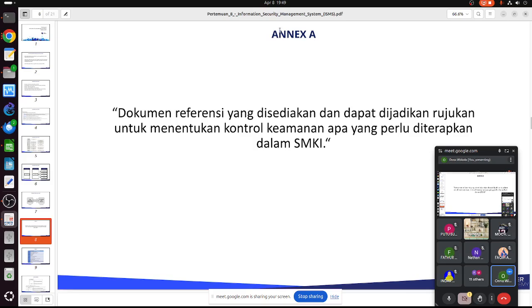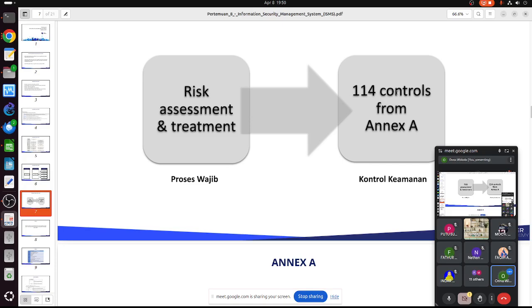So Annex A is basically the security controls that we need to implement to make sure the information security management system is running. So this is the keyword, security control. Okay, that's in Annex A. We have 114 controls.